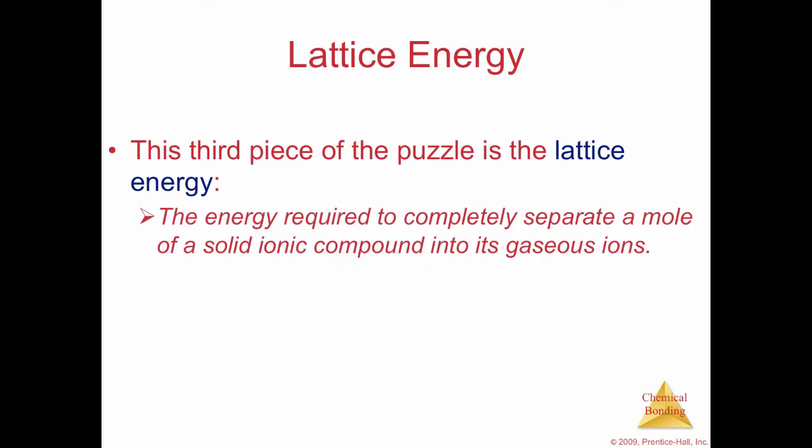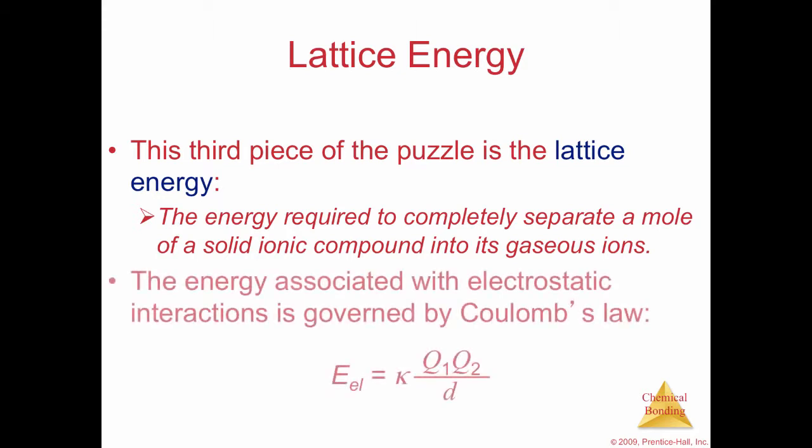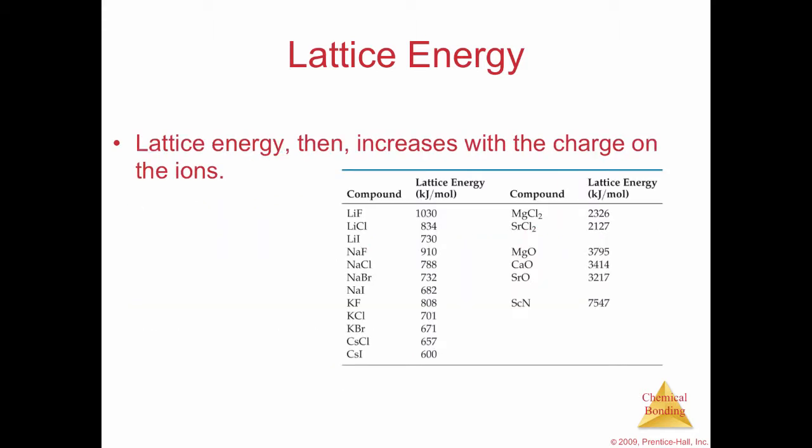Lattice energy. The third piece of the puzzle is the lattice energy. The lattice energy is the energy required to completely separate a mole of a solid ionic compound into its gaseous ions. The energy associated with electrostatic interactions is governed by Coulomb's law. Lattice energy then increases with the charge on the ions.